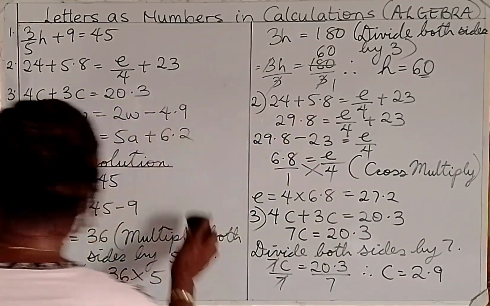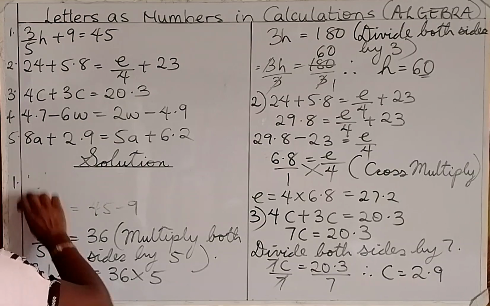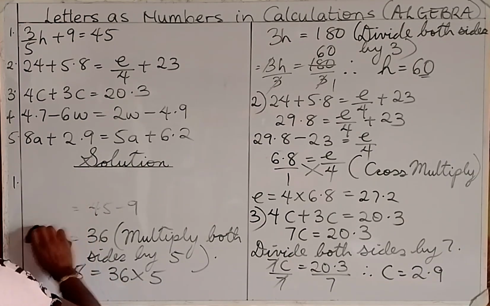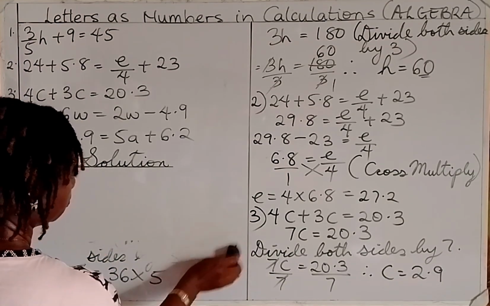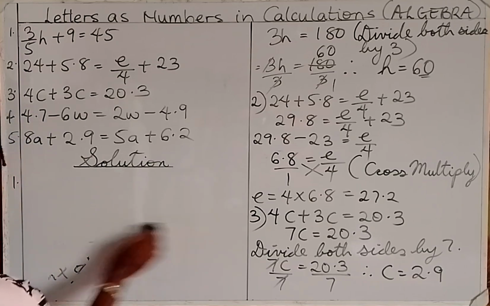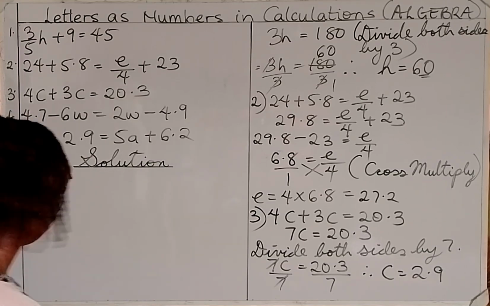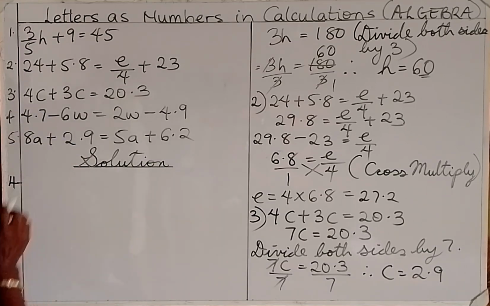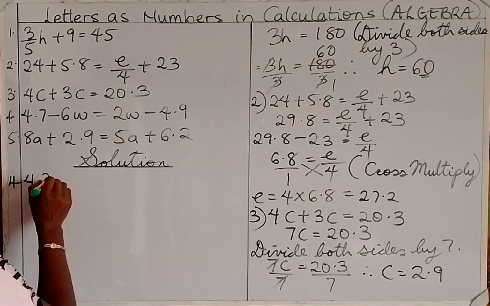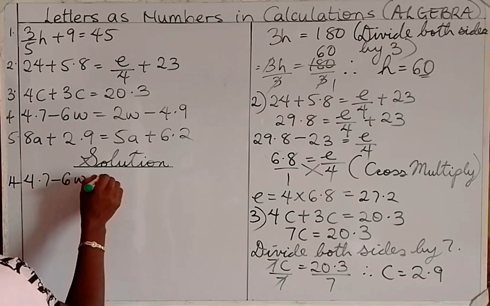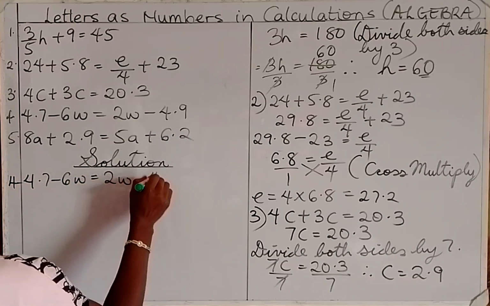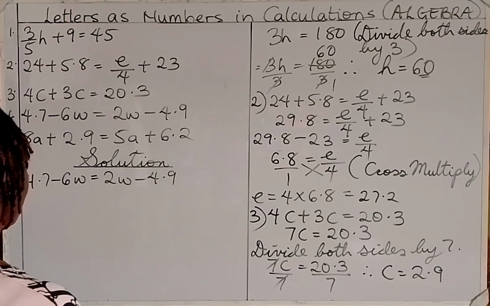Question 4. Now question 4 says 4.7 minus 6w equals 2w minus 4.9. Right?